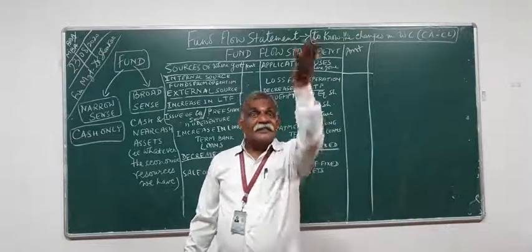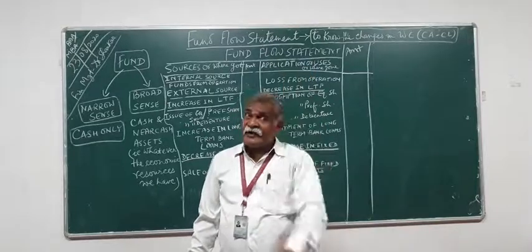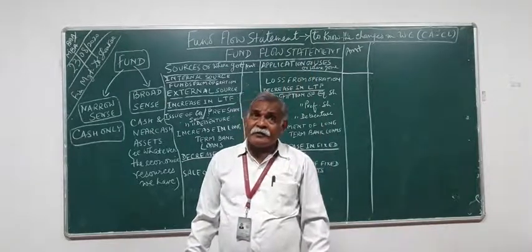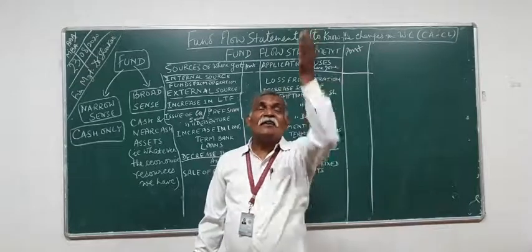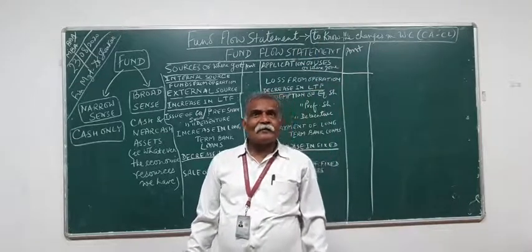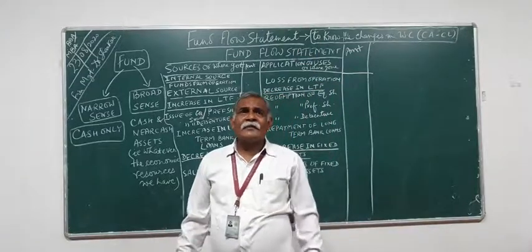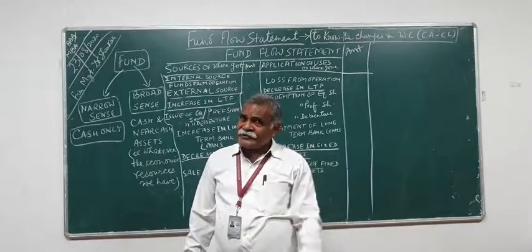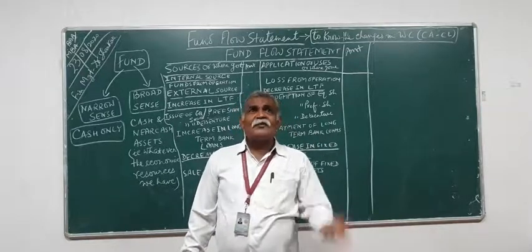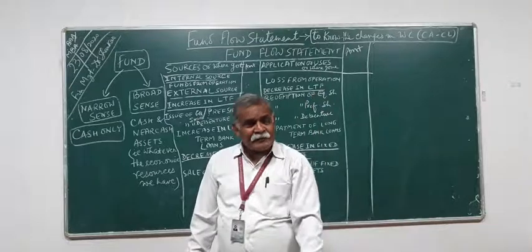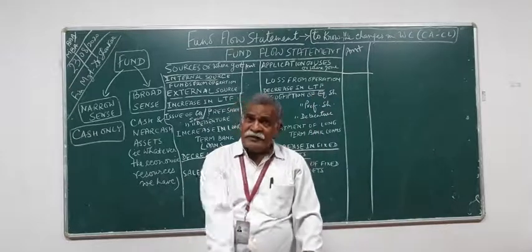If the current assets are increasing or decreasing, or the current liabilities are increasing or decreasing, what happens? If the amount of current assets increases, it is very obvious that working capital will increase. If the amount of current assets decreases, working capital will decrease.